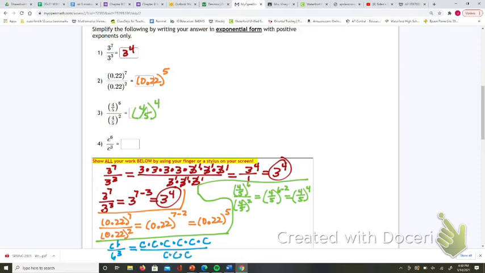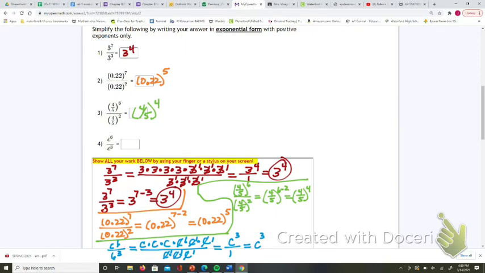Just like numbers, if you have c over c, that reduces down to 1. So what do we end up with? In the numerator, we have c times c times c, which is c to the 3rd. In the denominator, we just have 1. So it's c to the 3rd.